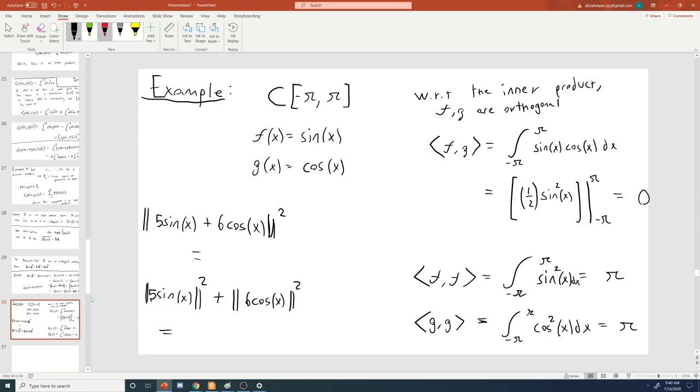And this is just the same thing as 25 pi, and then plus 36 pi. It's equal to 61 pi.